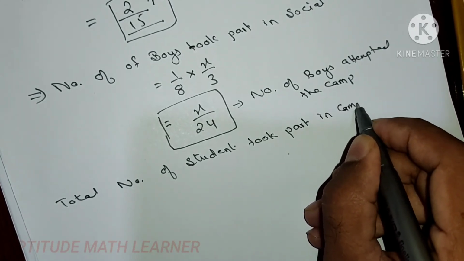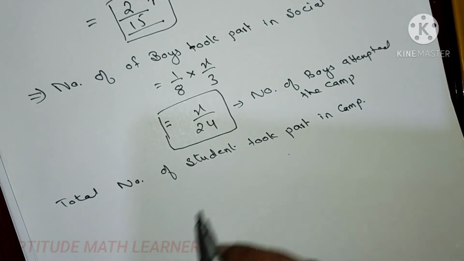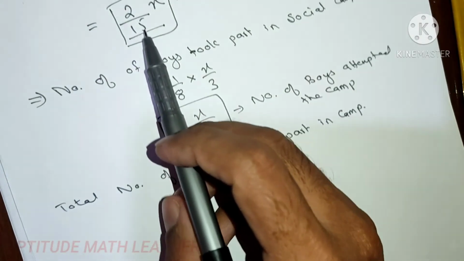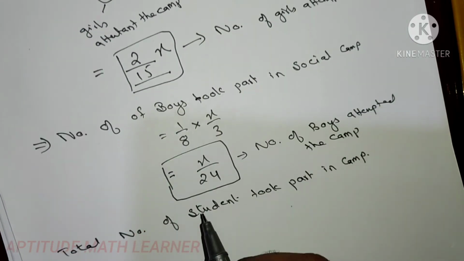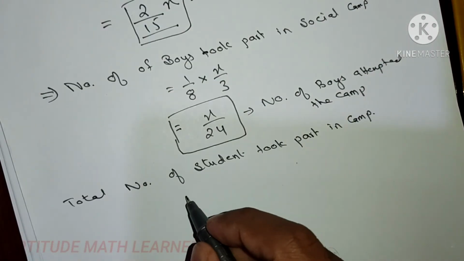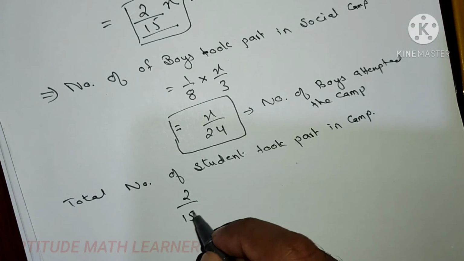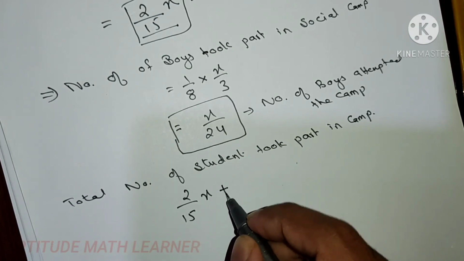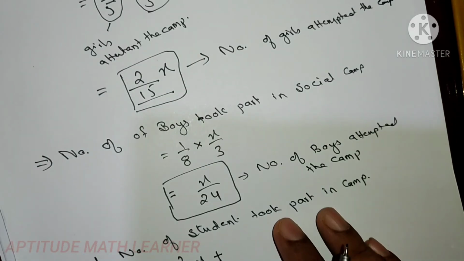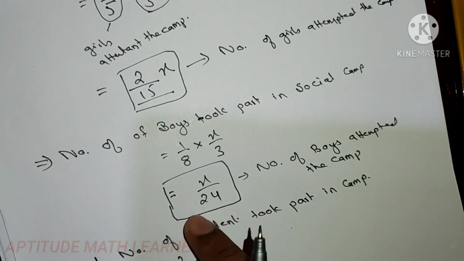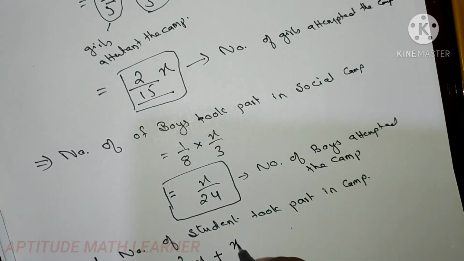So how much? 2 upon 15x plus, this is the number of girls who attempted the camp, and the number of boys who attempted the camp, plus x upon 24.